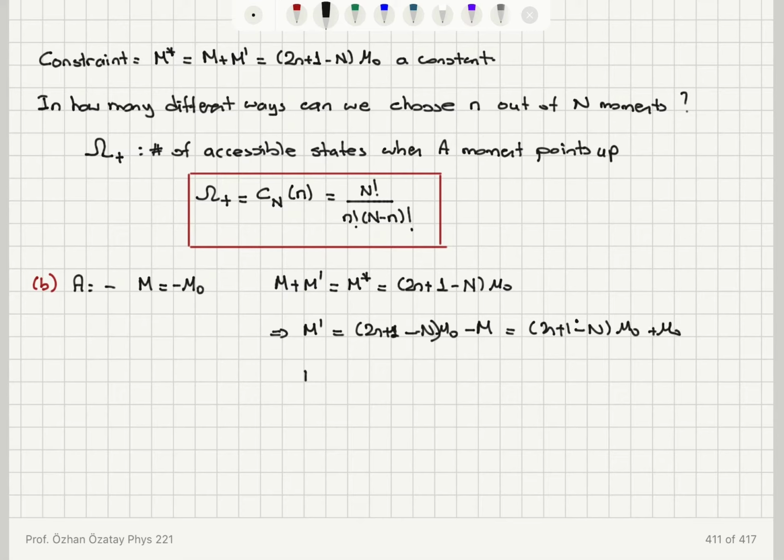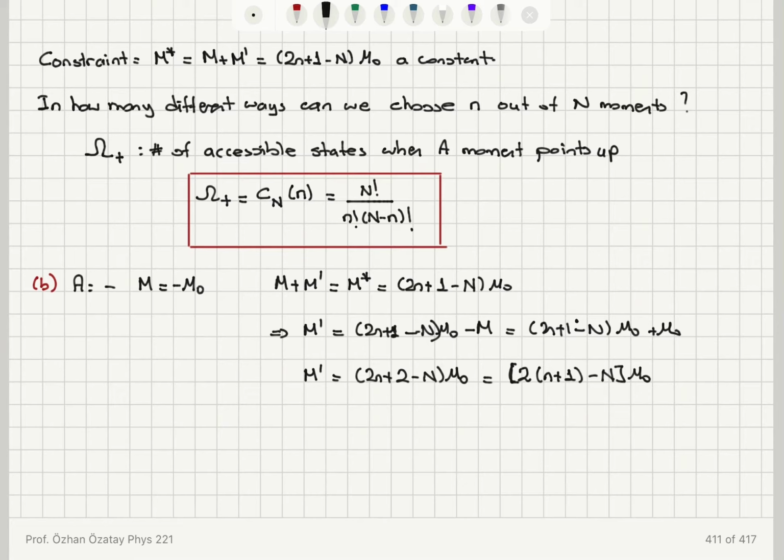So this tells me that M prime should be (2n plus 2 minus N) mu 0, which means it is really 2(n plus 1) minus N mu 0.